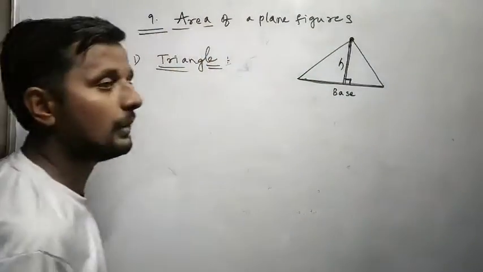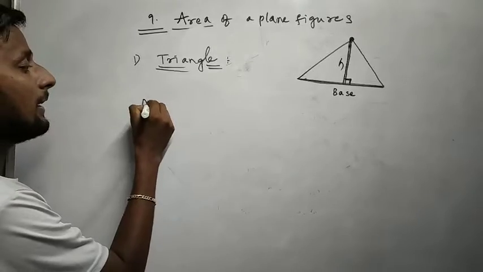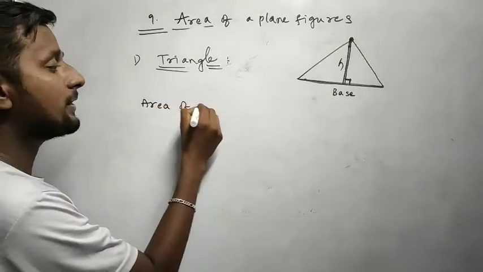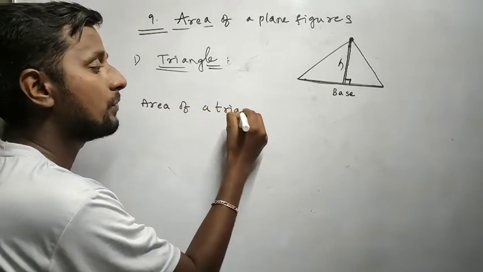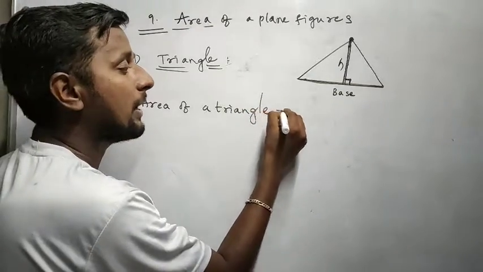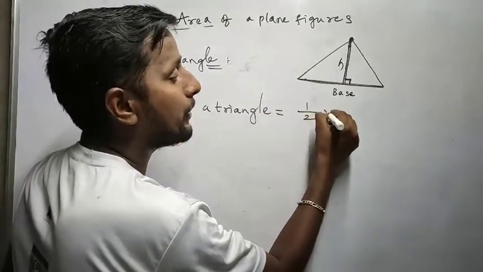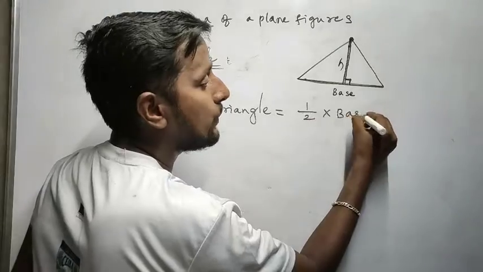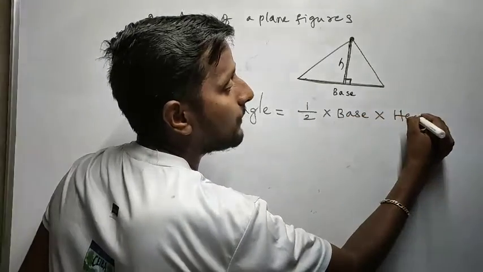Next, here I'll write area of a triangle formula: half into base into height.